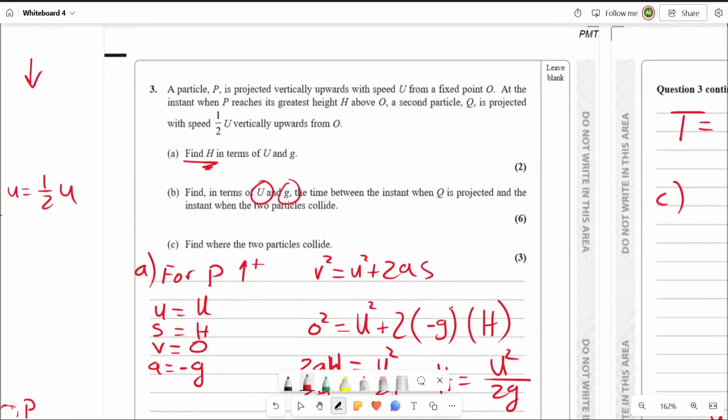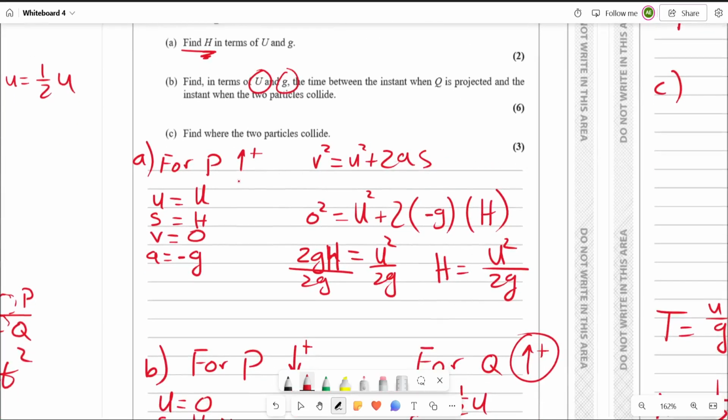The different idea about this question is that you don't have numbers, you literally have only letters. So you need to know how to work around variables and how to solve simultaneous equations and so on. However, the idea of kinematics should be always there, that whatever the kinematics question is, list down all your variables, put each variable with the correct number or letter respective of their correct sign.